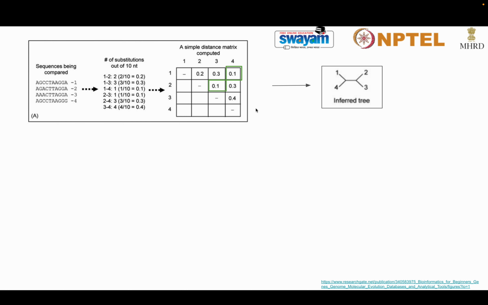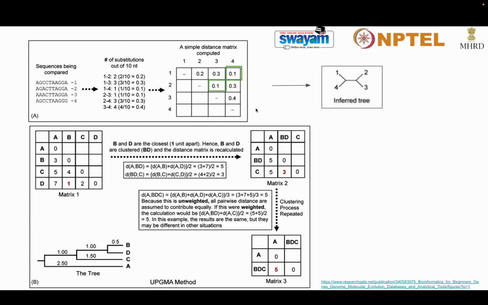There are multiple methods, out of which I have discussed only two. One is distance based and another one is UPGMA, which is the unweighted pair group method with arithmetic mean. In this, same as before, you make the distance matrix. A greater number means larger difference and a lesser number means lesser difference between the two sequences.